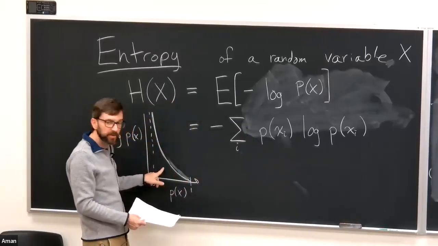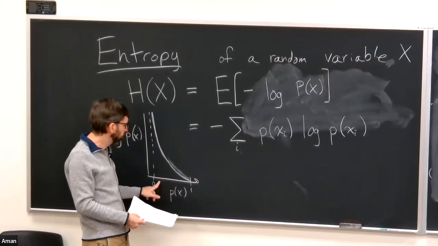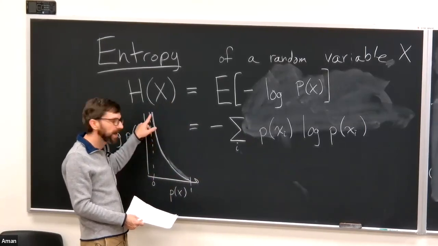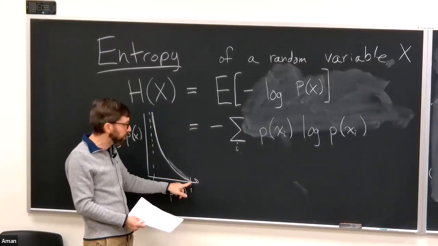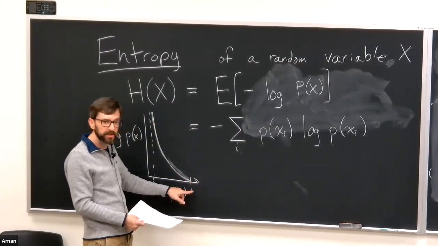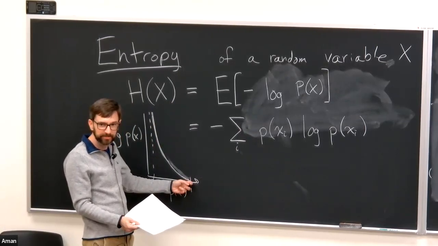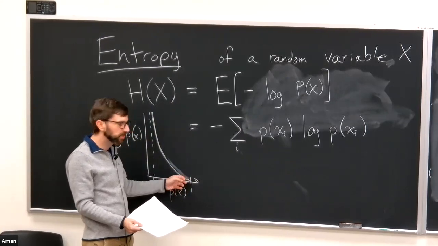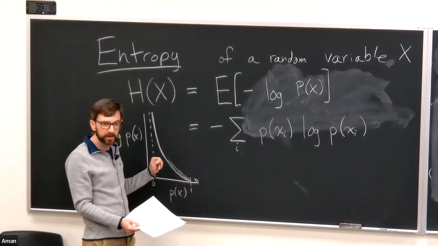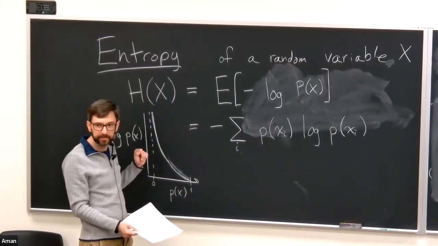If you look at minus log p, you can see why it's called surprisal. Low probability things have a high surprisal. If it's a very high probability thing, like if it always happens with probability 1, you're not surprised at all. Zero surprisal at probability 1. So the more probable outcomes are, the less surprising they are. The less probable they are, the more surprising they are.